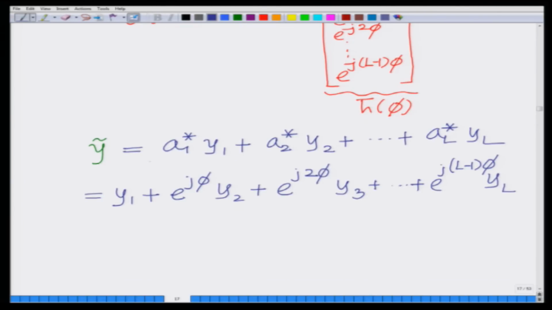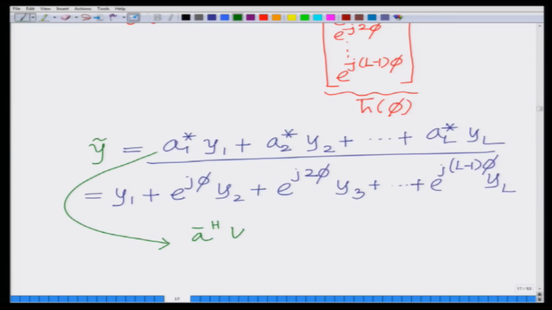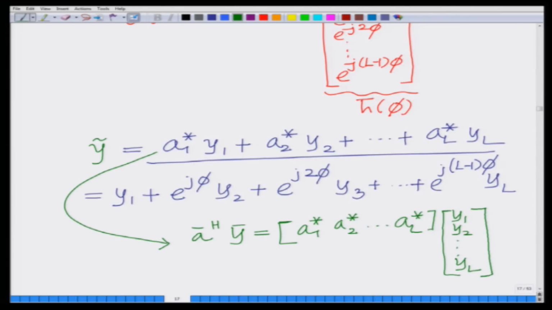Remember, this is also equal to a bar Hermitian times y bar, which is equal to a1 conjugate, a2 conjugate, so on up to aL conjugate, times y1, y2 up to yL, and that is equal to y1 plus e to the power of j phi times y2 plus e to the power of j 2 phi times y3, so on, e to the power of j L minus 1 phi times yL.